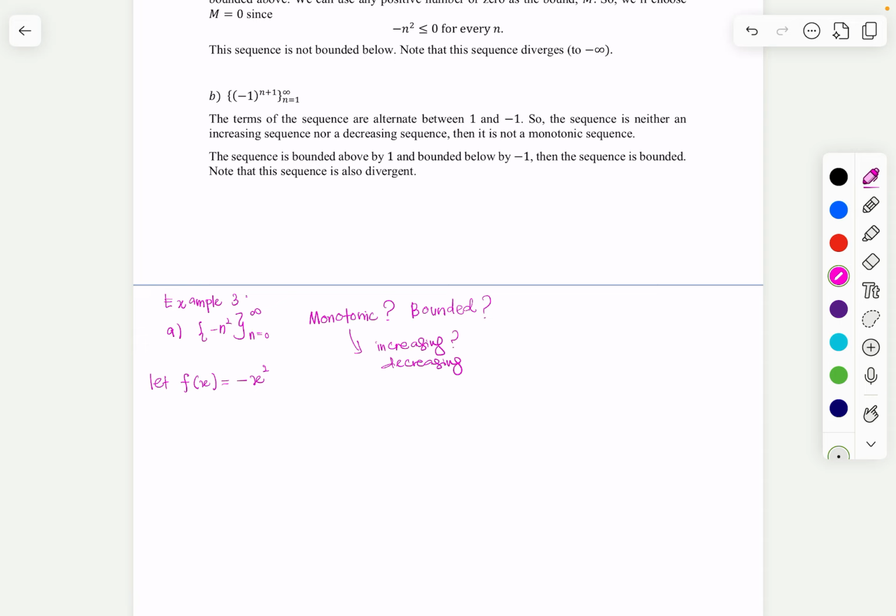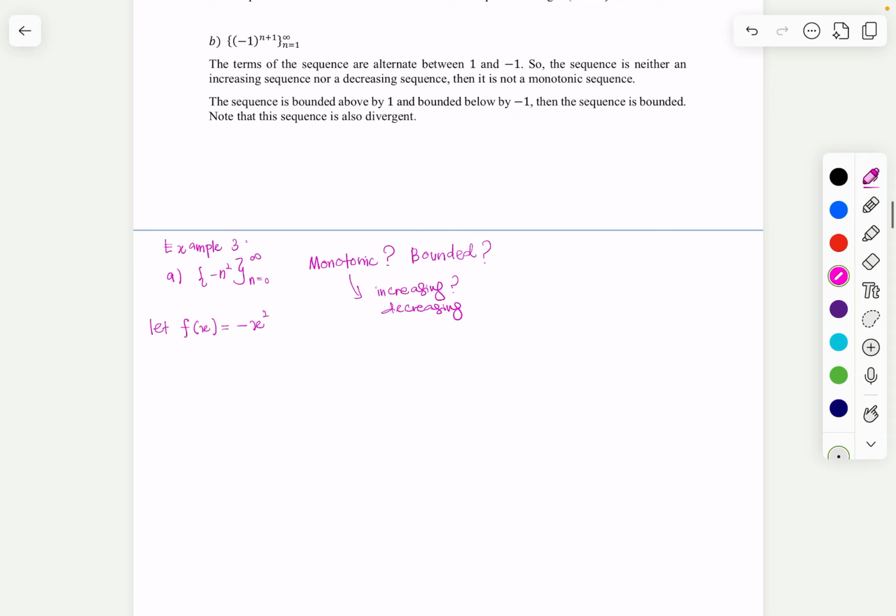So we adapt the idea of finding the increasing or decreasing of a function towards this sequence. But of course, at the end you need to come back and recognize that this is regarding the sequence, not the function. So always be proper in your conclusion later. This is just the method before we come up with the conclusion.